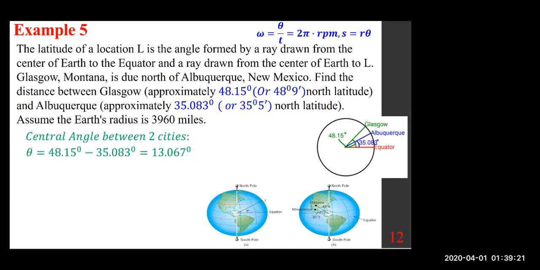Now, we want to use S equals R theta, okay, class, to find that distance, okay? The arc length is the distance. So, in other words, let me see if I can use a different color.